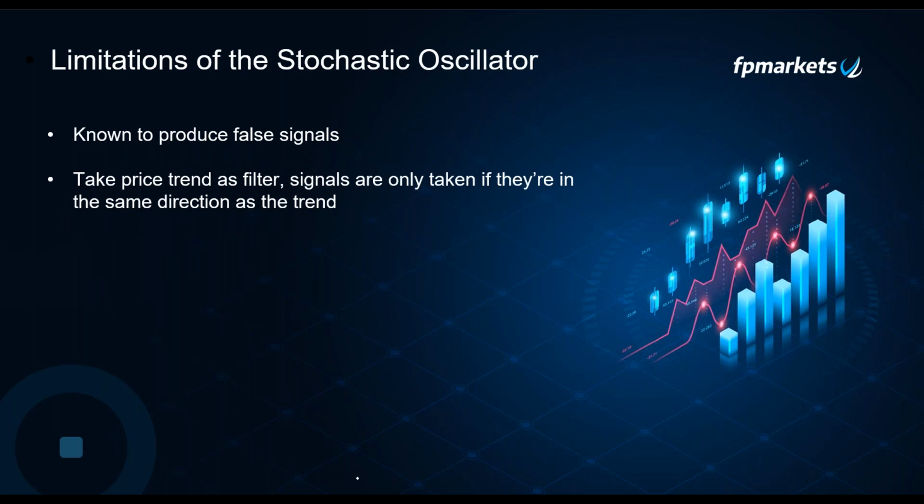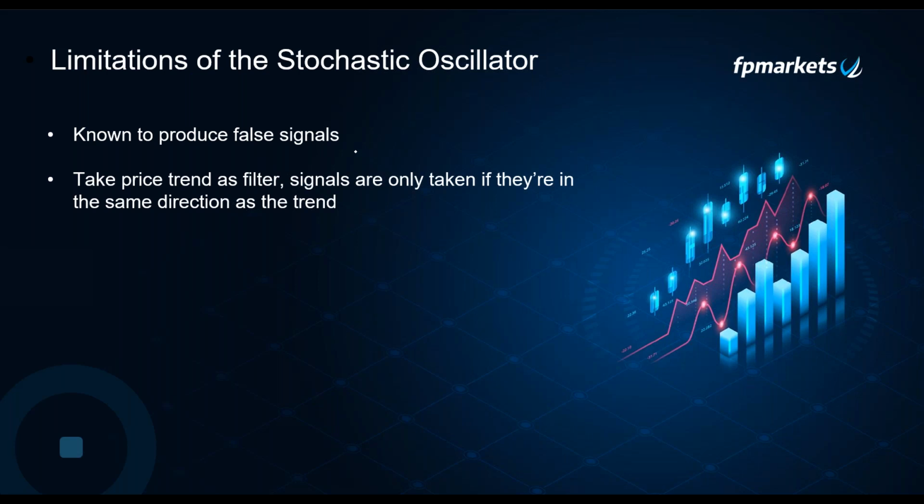Of course, with the stochastics oscillator there are always limitations, as with every indicator. The first one is that the stochastics oscillator tends to produce false signals, especially because it is more useful when prices are trading sideways. It measures a range, so the overbought and oversold regions are useful when prices trade sideways, but might not be as useful when prices are trending.